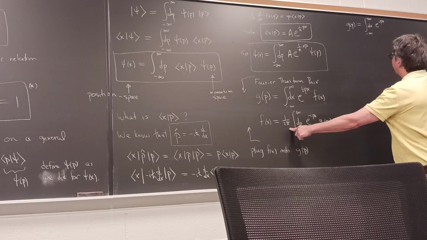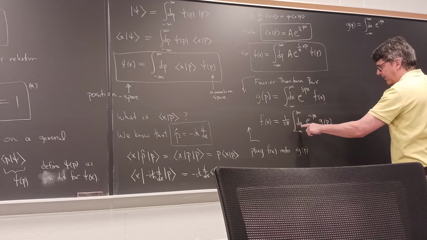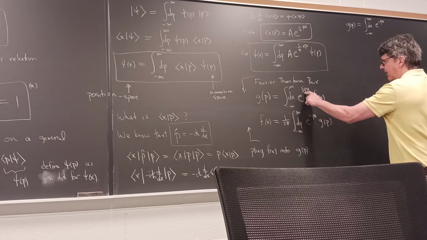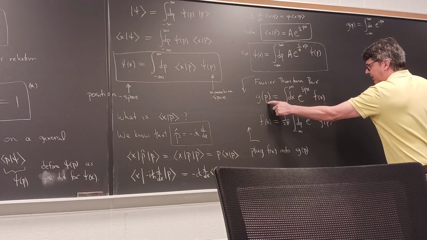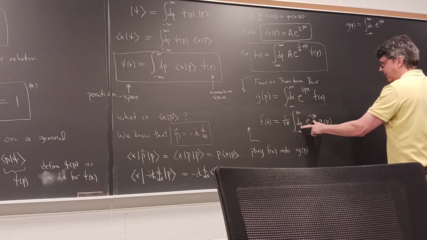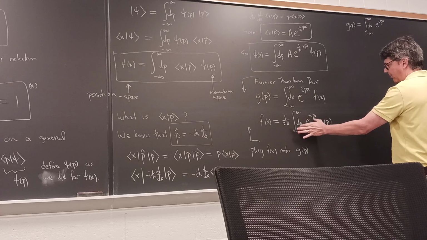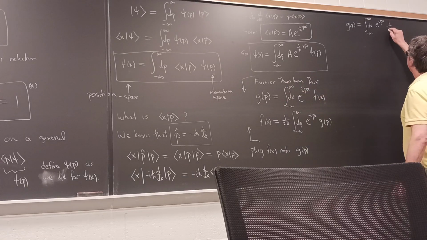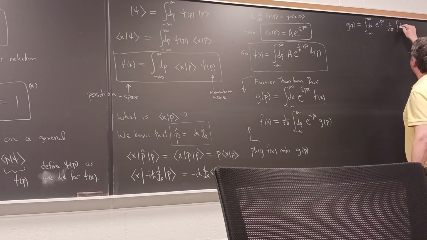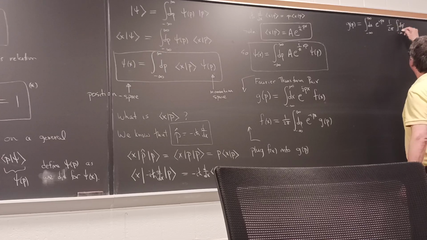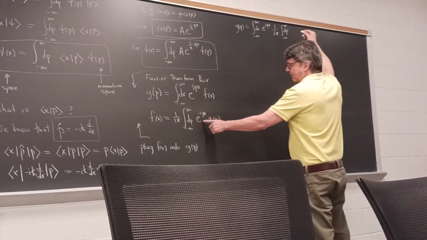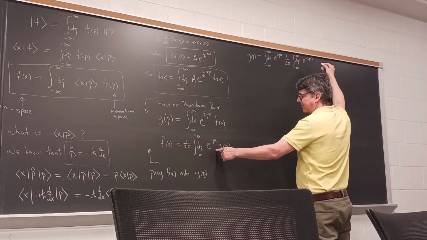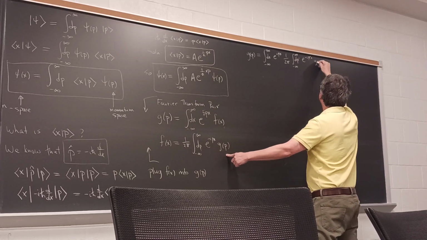Now, when I write f of x as an integral over dp, I have to change the p here, because there's a p in here that goes with this p. It's not the same as this p here, because I'm integrating this p out, it doesn't exist. So we have 1 over 2 pi integral over dp prime, and e to the minus i p prime x g of p prime.